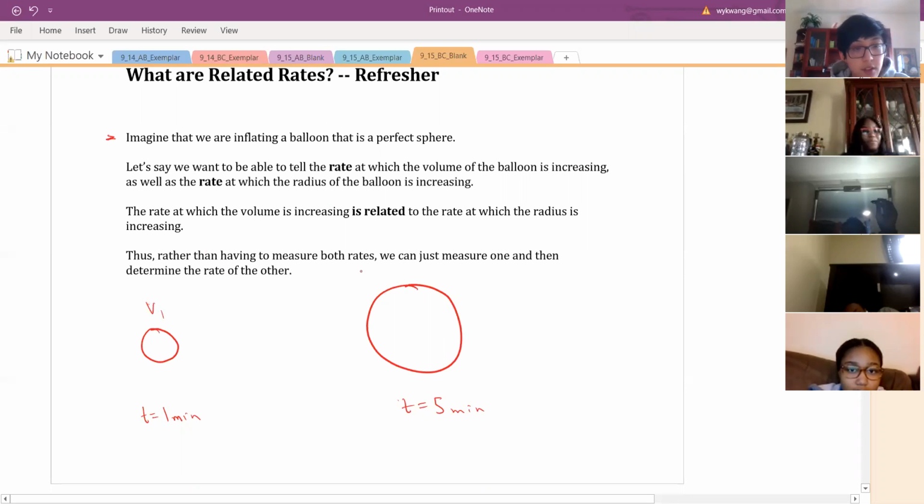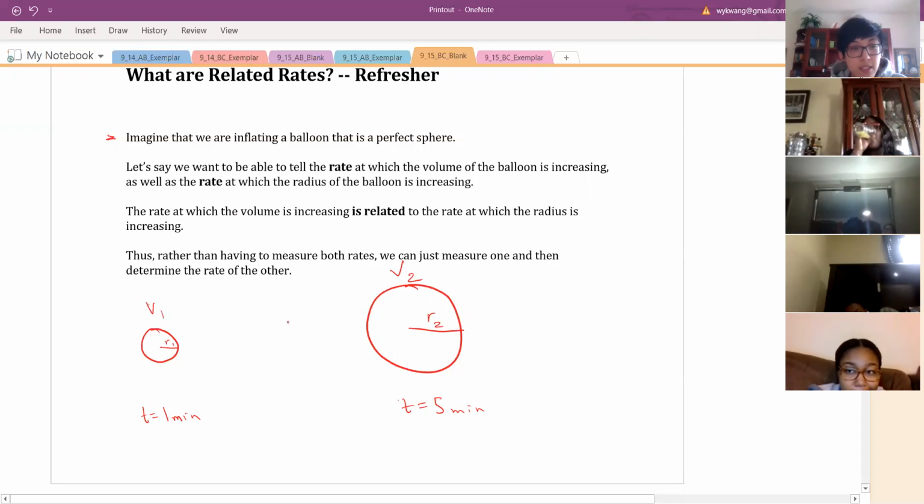So I'll say there's a volume 1 and there's a volume 2. And also the rate at which the radius of the balloon is also increasing. And that just makes sense, right? The radius here is smaller and then the radius here is larger. So both the radius and the volume are increasing. And the point is, basically the rates at which they're increasing are related. So that's what related rates means. The rate at which the volume is increasing is related to the rate at which the radius is increasing.